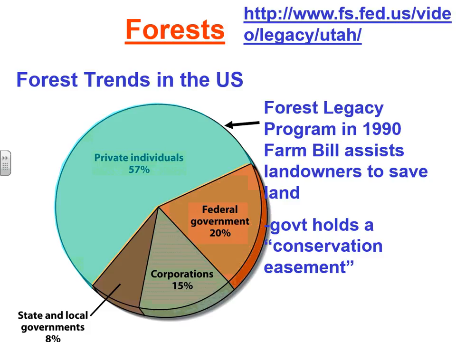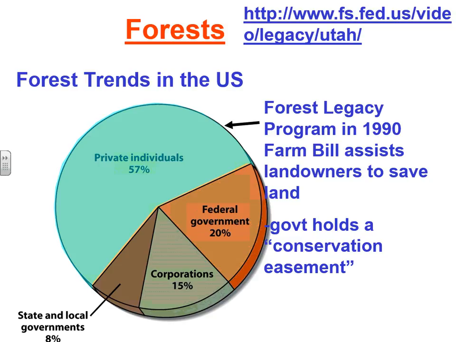We looked at land that was owned in the United States. You should know this 57% and this 20% for federal government. So 57% of our forests happen to fall on land that's privately owned. 20% is going to be part of our U.S. forest system. 15% of our forests fall on land that's owned by corporations, and 8% fall on state and local government land.